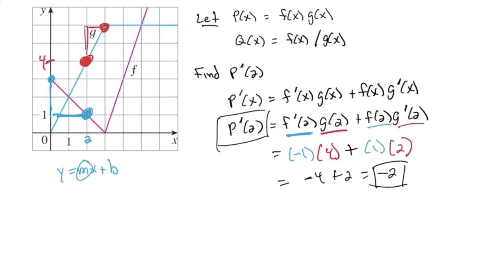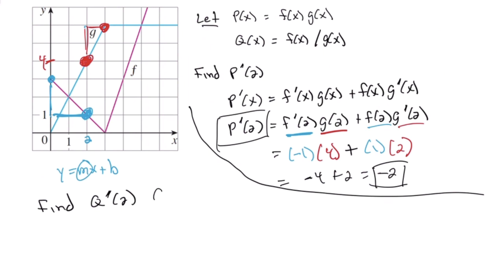So for the next part of the problem, let's say we want to find q prime at 2. We had defined q of x as f of x over g of x.